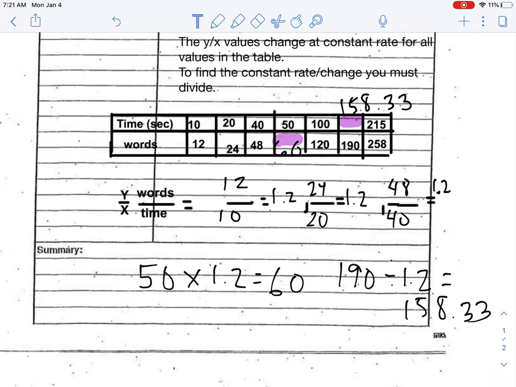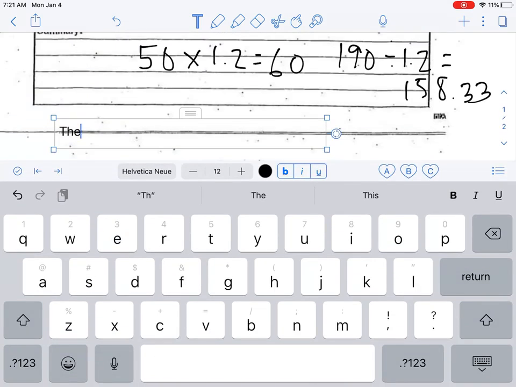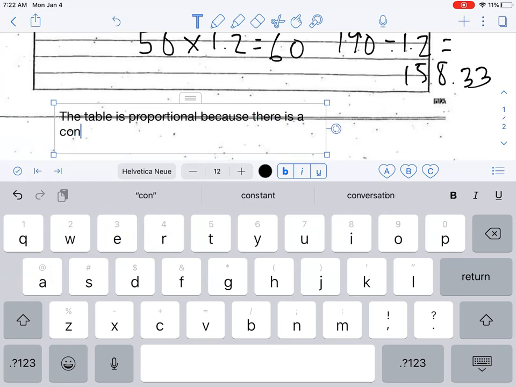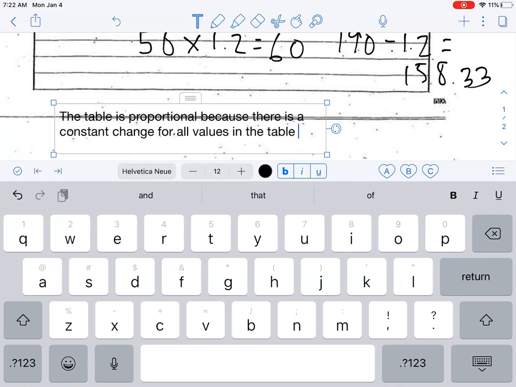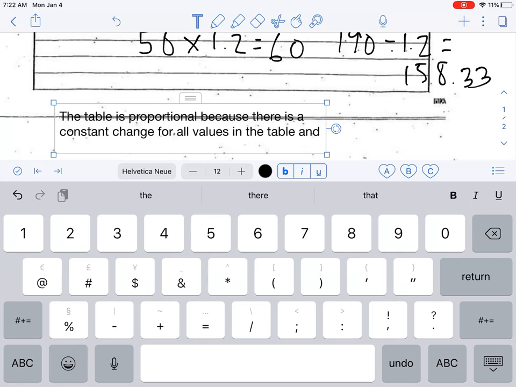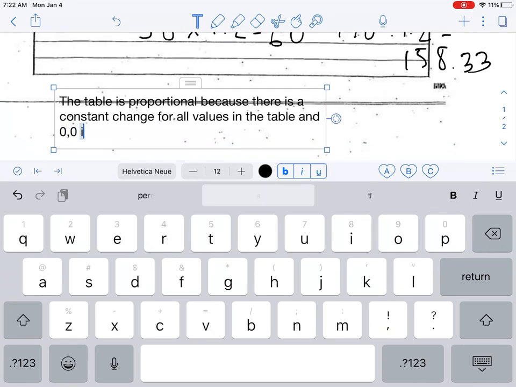And we're going to write a statement down here to say why this table is proportional. So the table is proportional because there is a constant change for all values in the table, and 0, 0 is a coordinate.